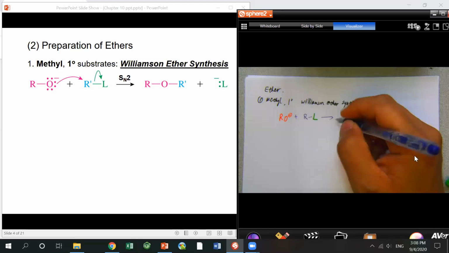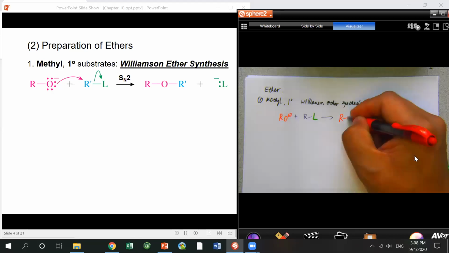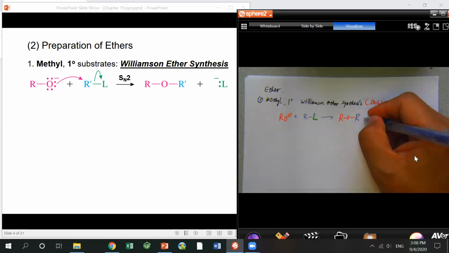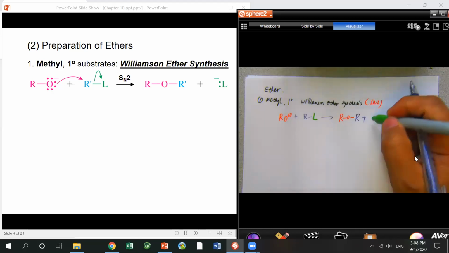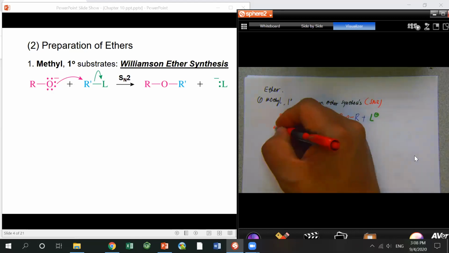After the reaction you get the ether plus the leaving group. And this species we call an alkoxide.